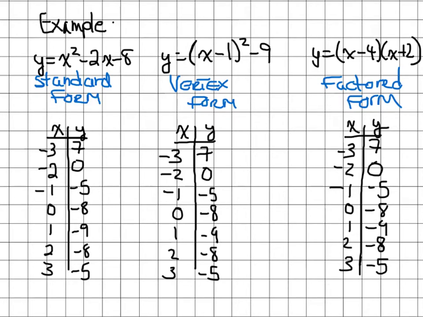So there we have it. We have the 3 different forms of a quadratic equation that are representing the same quadratic relation. The tables of values are identical. And if we looked at the graph of these 3 different equations, it would also be the same.